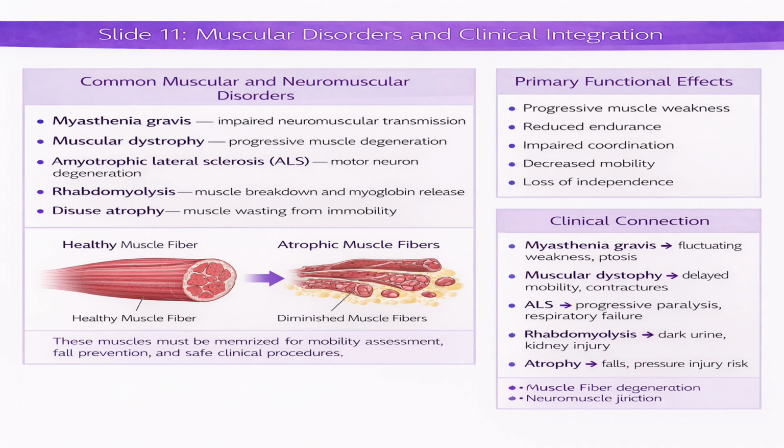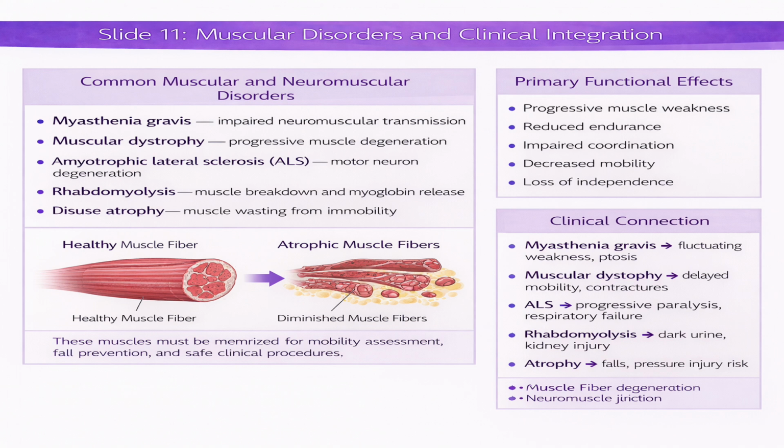In rhabdomyolysis, patients may have muscle pain, dark-colored urine, and signs of kidney injury. In disuse atrophy, patients are at higher risk for falls and pressure injuries. These findings guide nursing monitoring and interventions.